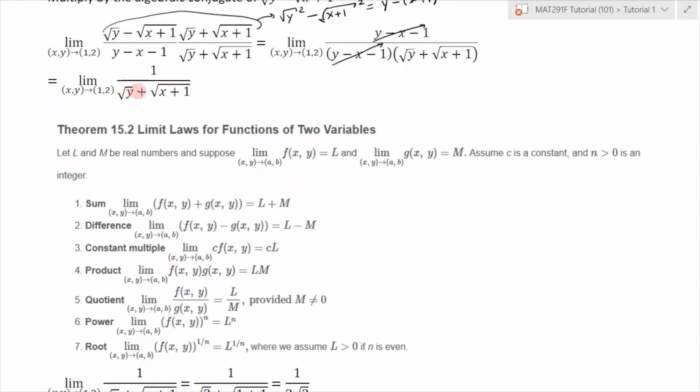We also have square roots and we have a sum. When we have a sum, we can just add up the limits. When we have a square root, as long as the stuff inside the square roots is non-negative, then we can just plug in these numbers to find individual limits.